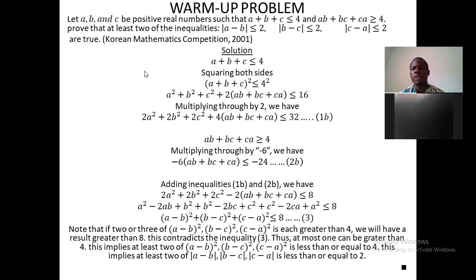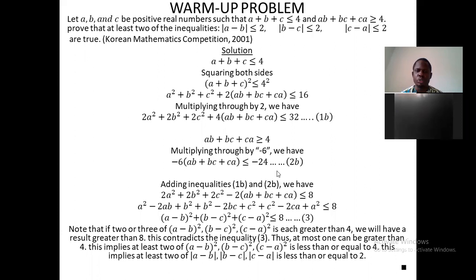All right. So in this question, we are to prove that at least two means two or all three are true. Now, oftentimes in math, we've seen the facts, we read the question, we seem to understand it, but how do we move from here? How do we go about it? This is a little hint of what you should do.